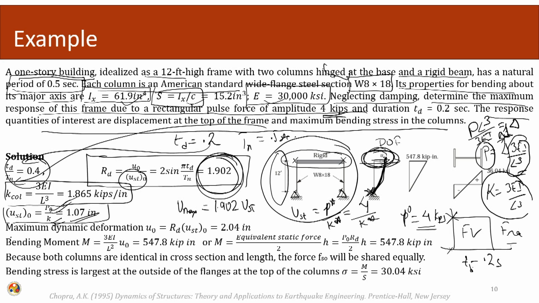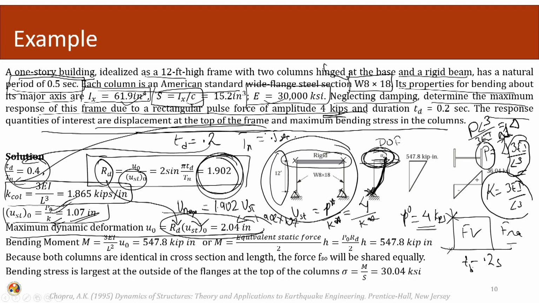So, the maximum dynamic deformation becomes the response quantity times the static deflection: 1.902 times 1.07. This becomes 2.04 inches. So, we have solved one part: the displacement at the top of the frame.